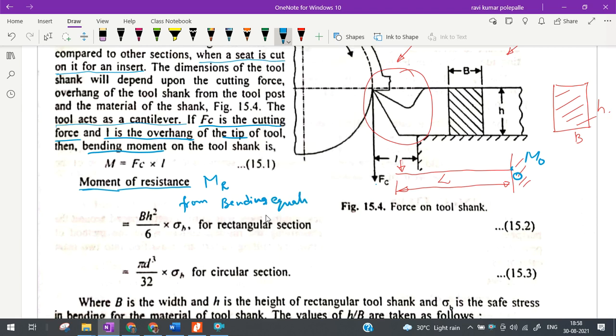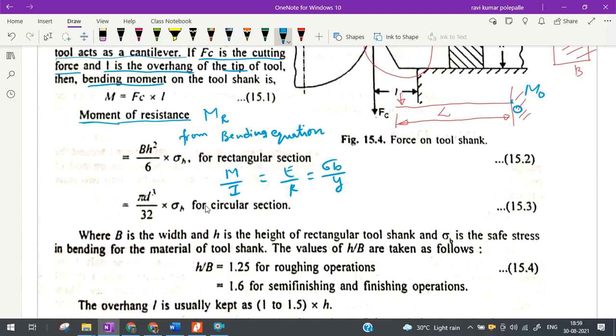The bending equation says M by I is equal to E by R is equal to sigma by Y. So M from this equation is equal to I into sigma by Y. So this gives BH square by 6. B stands for the width and H stands for the height.